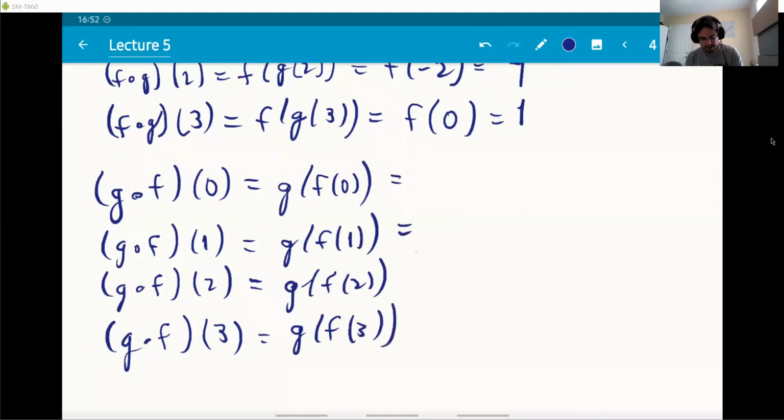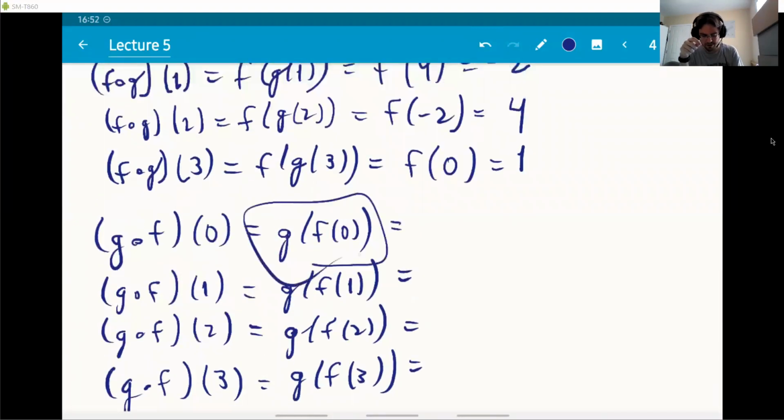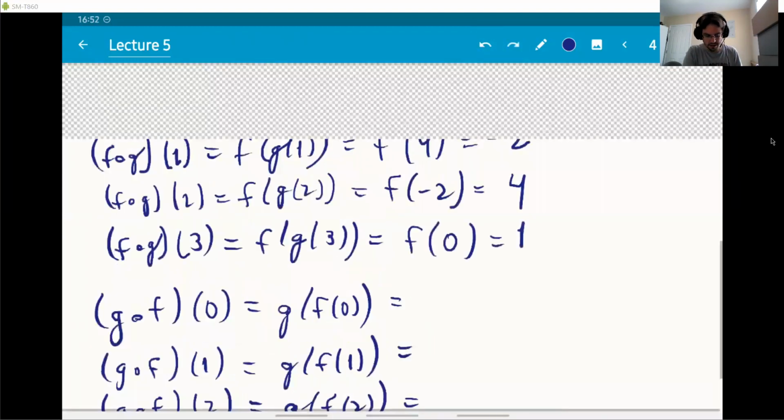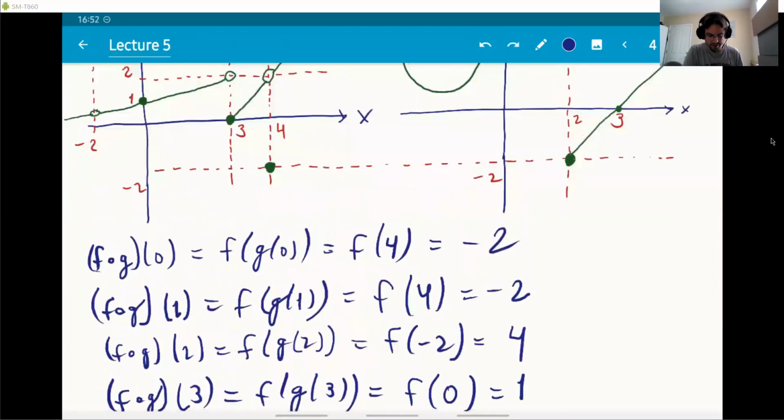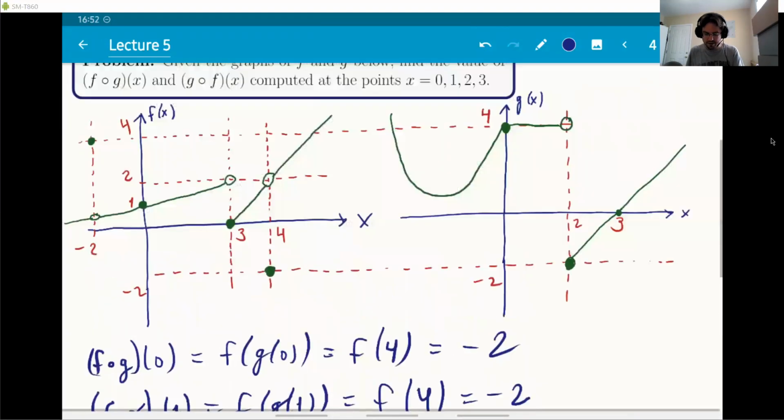When computing this now, the innermost thing is the f. We're going to be looking at f first and then g. So f of 0 for the first one here. That's something that we already had determined. It's right here. It's 1. And then g of 1. We also had discussed this already. G of 1 is 4.